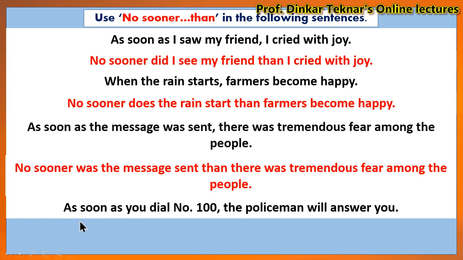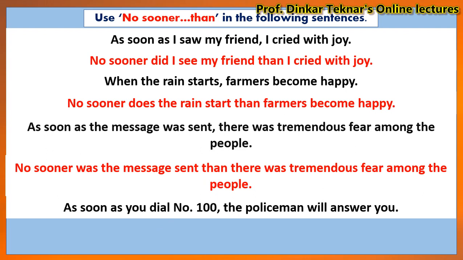Look at this sentence. As soon as you dial number 100, the policeman will answer you. The main verb is dial, which is in present tense without s or es. So we will have to use the auxiliary do.